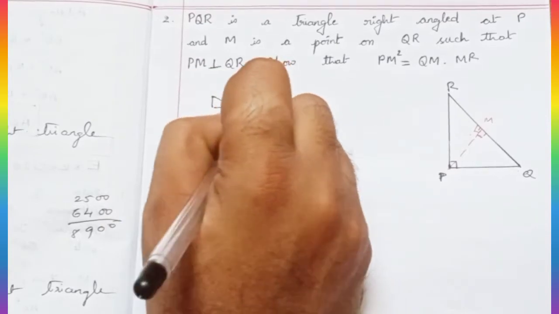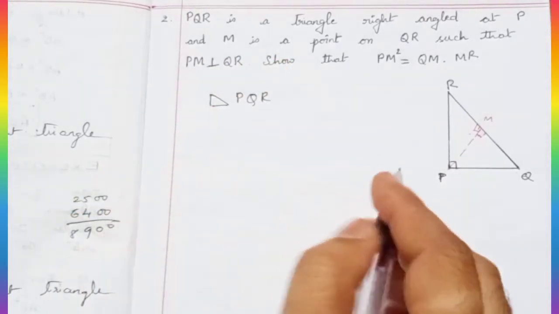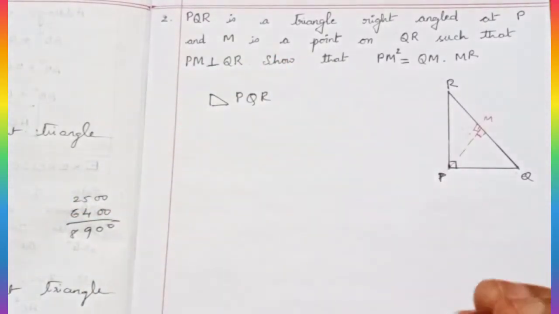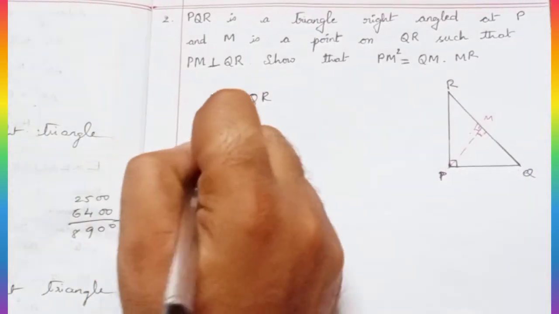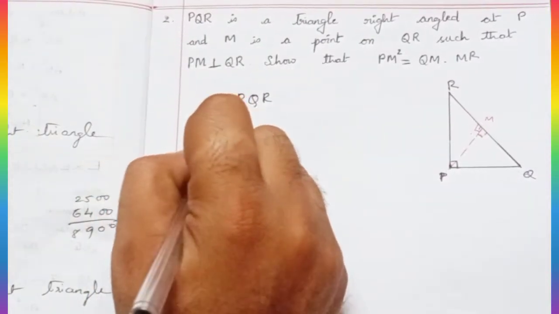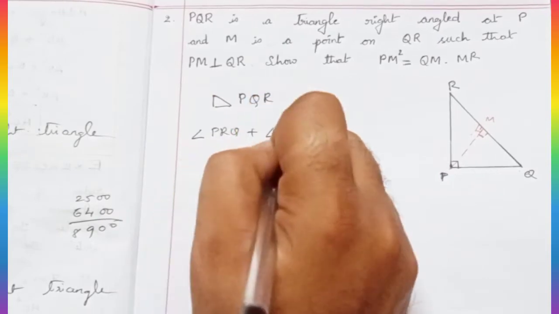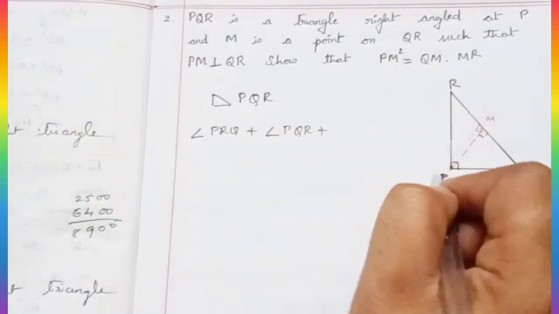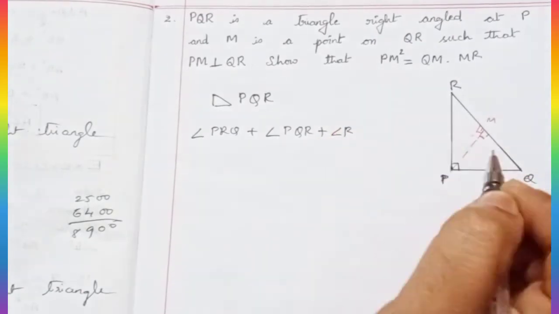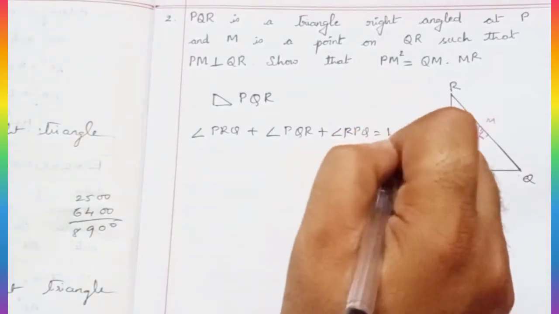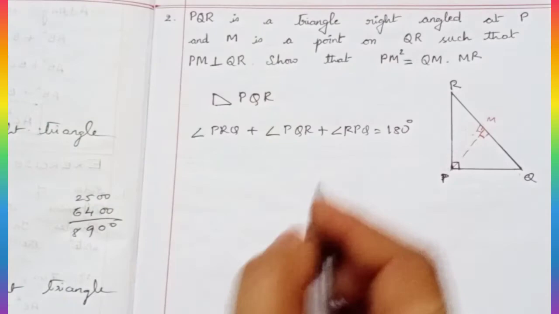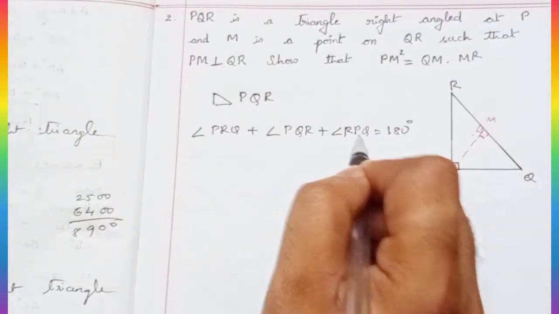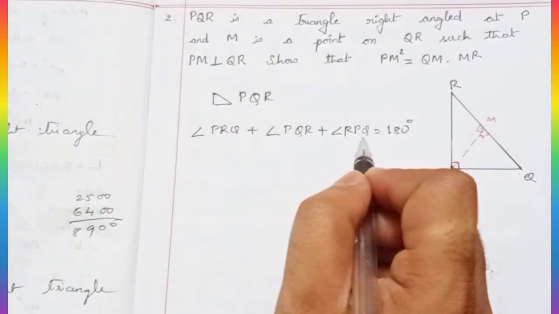triangle PQR first. In triangle PQR, we know that the sum of three angles is equal to 180 degrees. So angle PRQ plus angle PQR plus angle RPQ is equal to 180 degrees. But angle P is what? Angle P itself is 90.